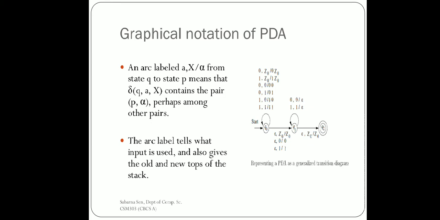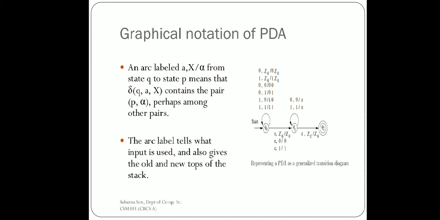As for example, if you see in the example, say 0 comma Z0 slash 0 Z0, what is the meaning of it? Here Q0 will be equivalent to Q, A is 0, X is what? The current stack content, Z0. Z0 means there is nothing in the stack.